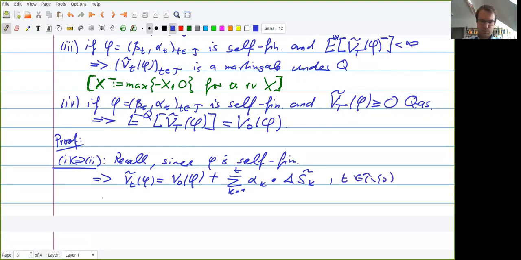And if you want to check it in your notes, this is what we proved at the beginning today, Lemma 3.10.